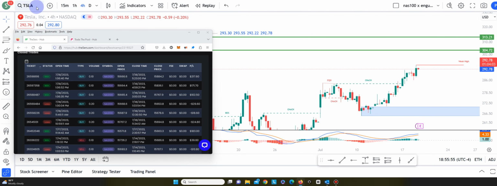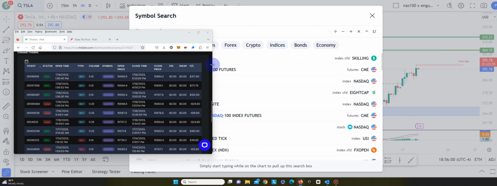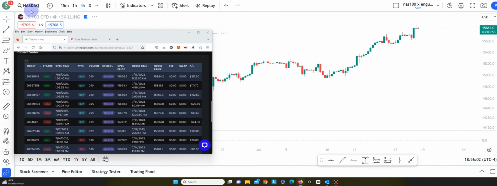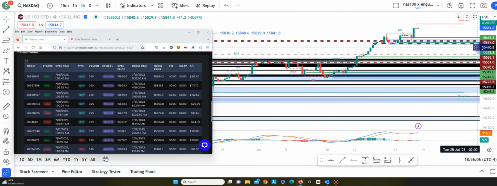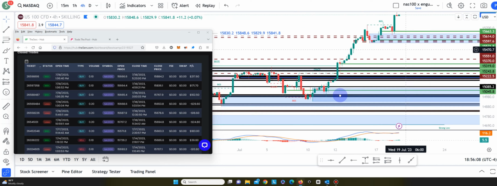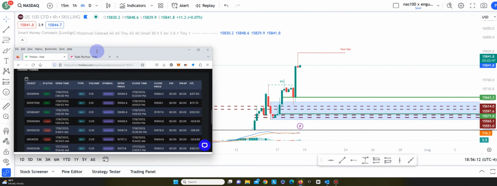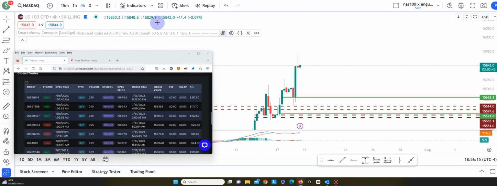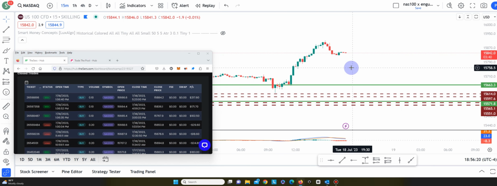So the first trade, and again I have to actually move this to the NASDAQ. I actually use the NASDAQ, and that gives me the closest mock-up of what I'm actually trading. I can actually remove this indicator and bring it down to the 15 minutes because that's what I'm trading on.